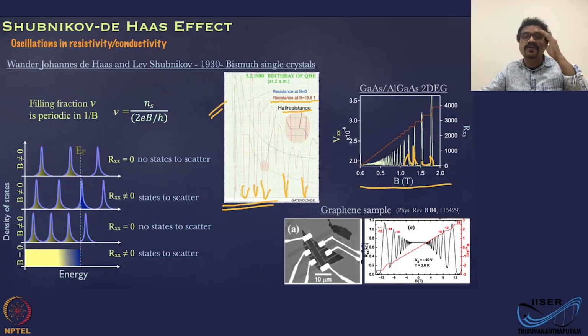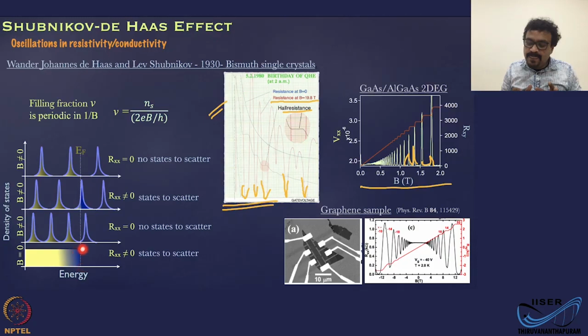That you will see in a minute, because you have to define a few more concepts to reach that point. But just to understand this oscillative behavior, if you don't have states at the Fermi level, you cannot backscatter. In this case, you have states at the Fermi level.